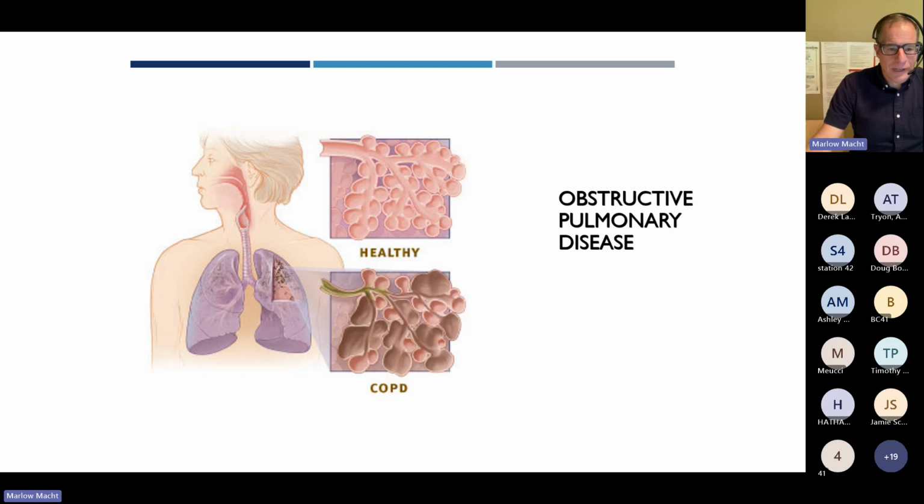So in COPD, here you have these healthy alveoli. In COPD, the walls of the alveoli break down. You get these bullae, and so the lungs have a harder time relaxing and getting that air out.